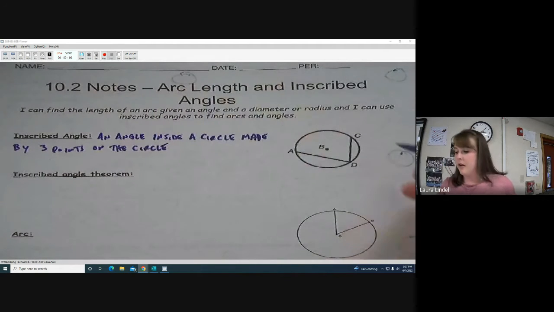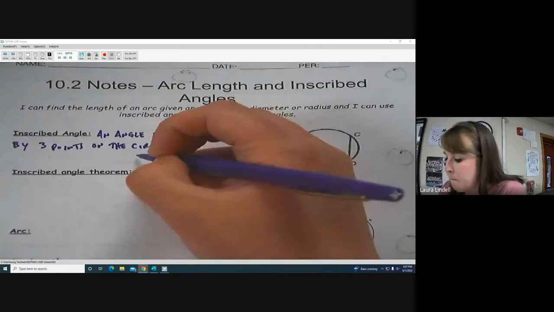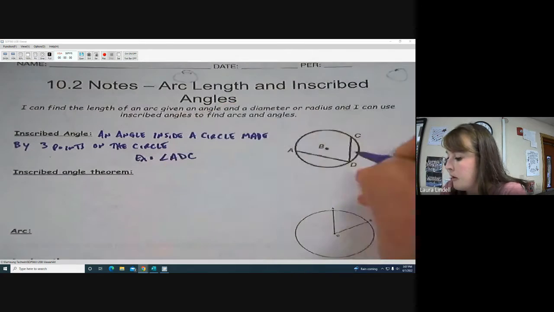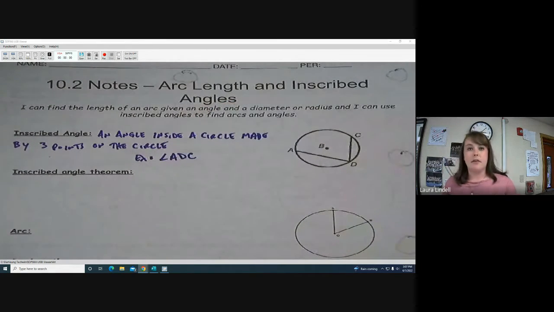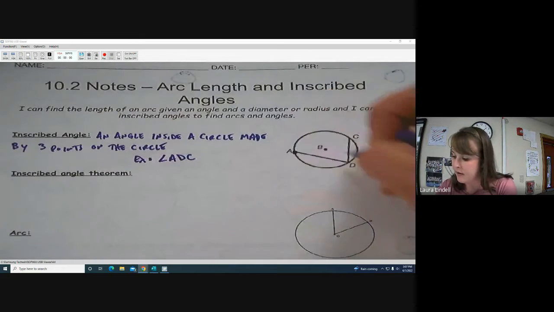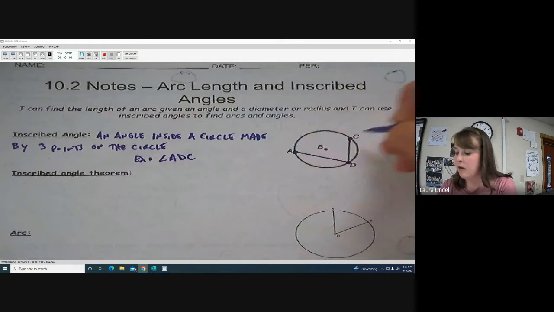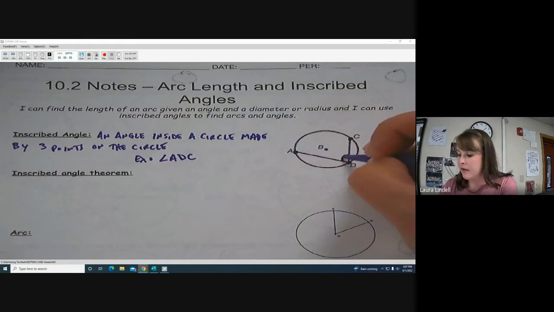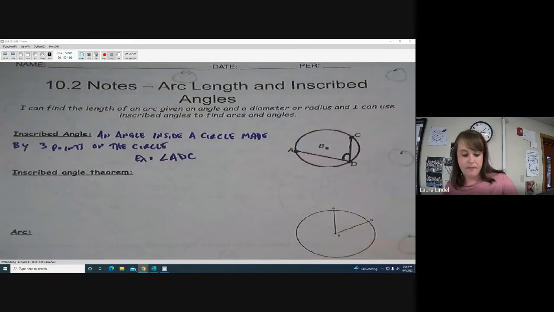And as we see in our example over here, angle ADC is an inscribed angle in this circle. So A, D, and C are all points on the circle. When you connect them in this way, it makes an inscribed angle.